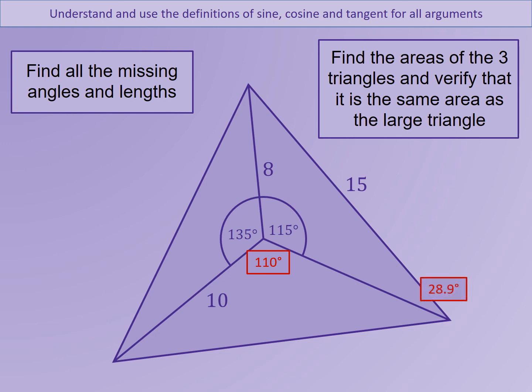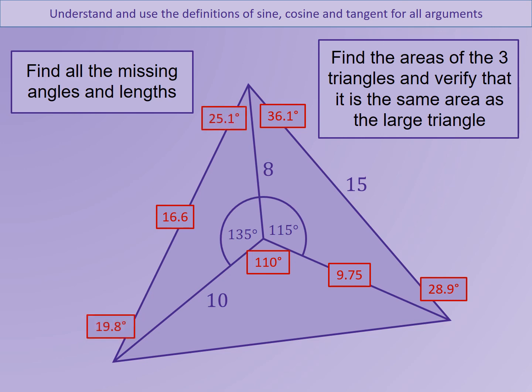So 28.9 degrees, all of these are to three significant figures. 16.6 for the length of the side. 36.1 degrees. 9.75 for the length of the side, 25.1 degrees, 19.8 degrees, 16.2, and I think finally 34.5. Good, well done if you got all of those right.